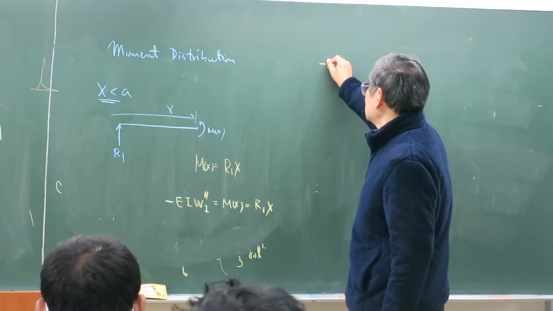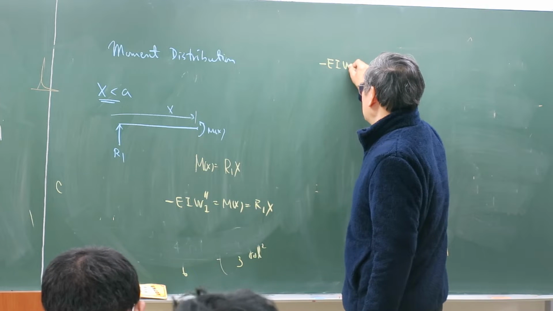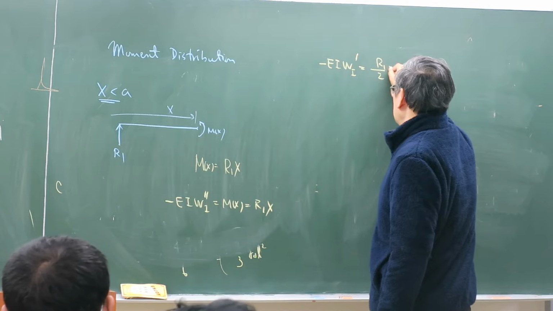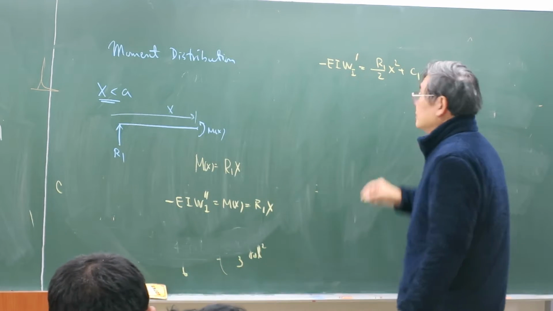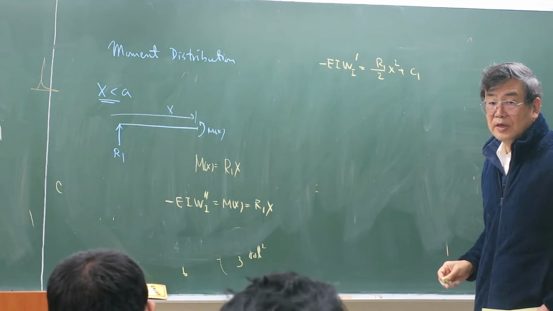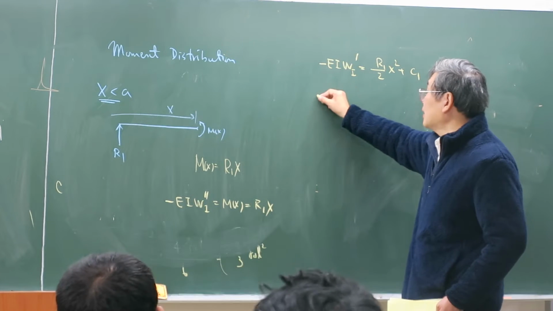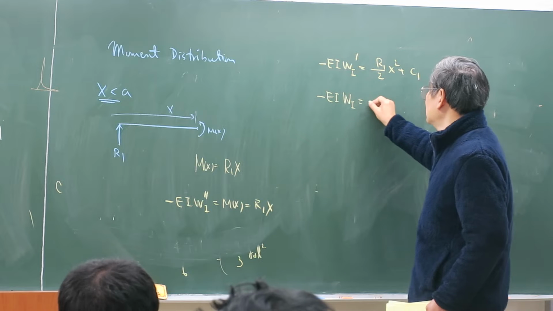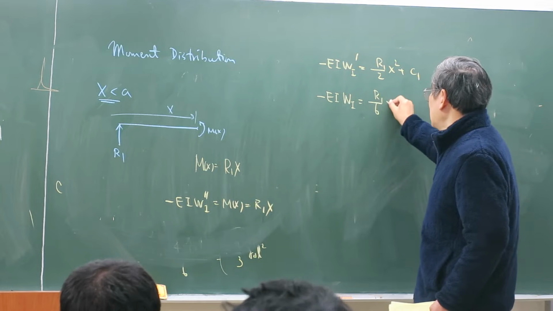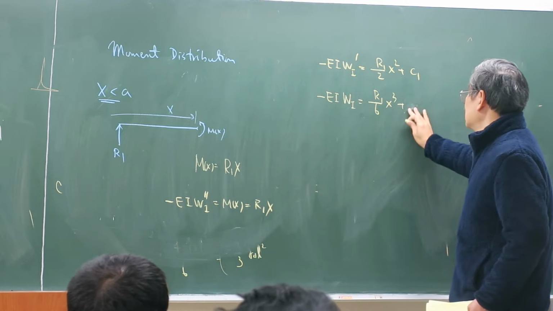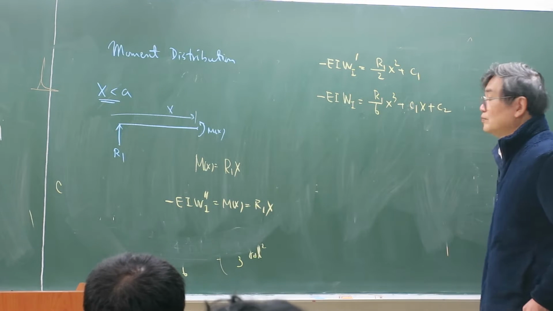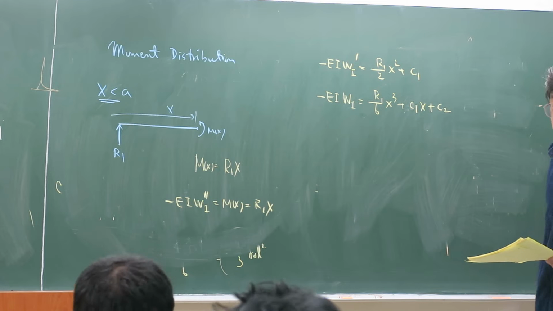So I can have minus EI W1 prime equal to half R1x squared plus C1. And integrate again, I can have minus EI W1 equal to one sixth R1x cubed plus C1x plus C2. This is my equation 1.